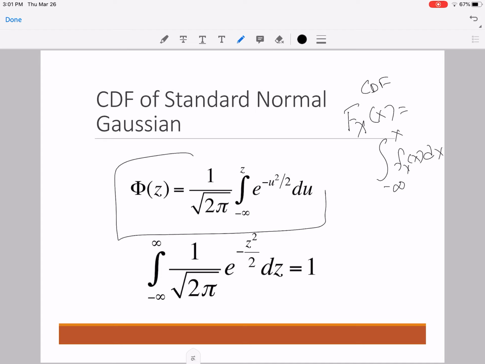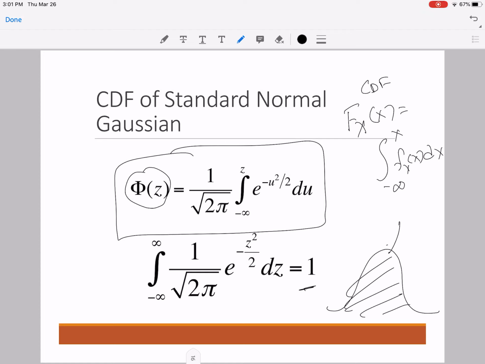So this is the form for the CDF of a standard normal Gaussian random variable. Phi is a representation for the CDF of a standard normal Gaussian. Just like any other probability density function, area under the bell-shaped curve is equal to 1. So area is 1. That's another useful property of the standard normal random variable.